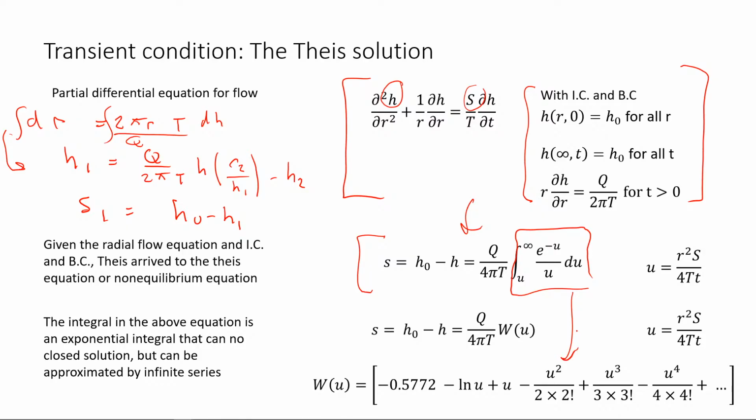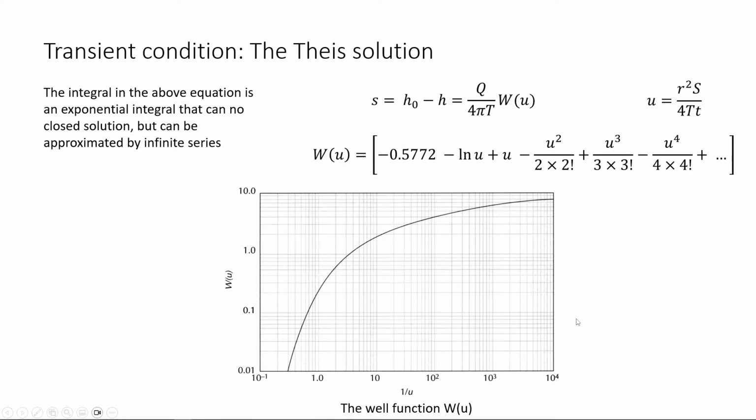Okay, let's look at an example. Maybe it will help you see better. So here is basically the Theis solution for estimating drawdown.